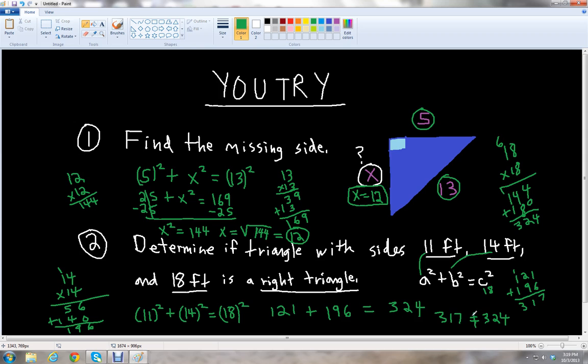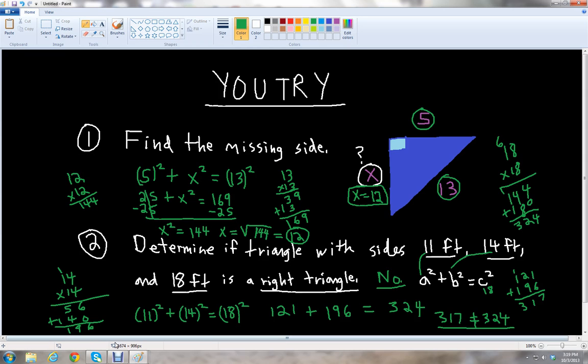So that equal sign with a slash through it means does not equal. So since we know that, we can say it would be no for a right triangle. So not a right triangle.